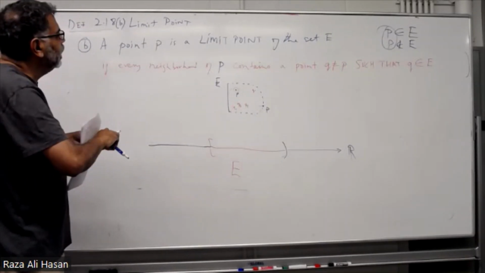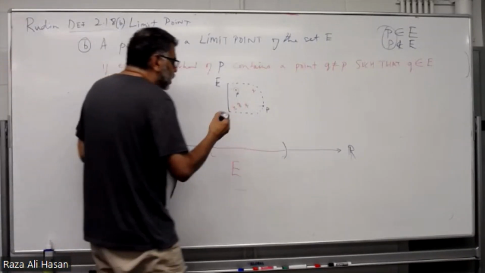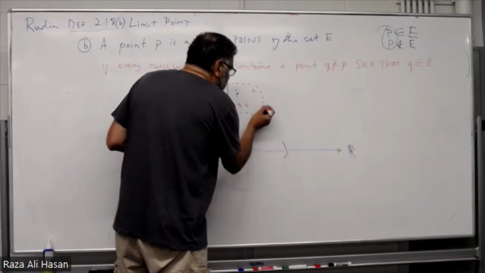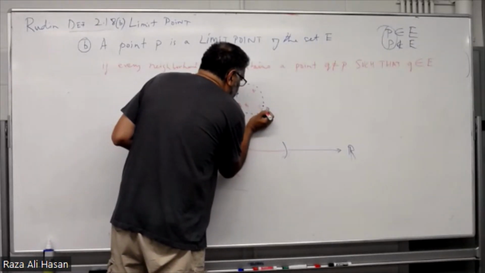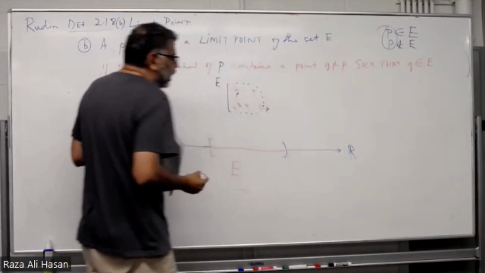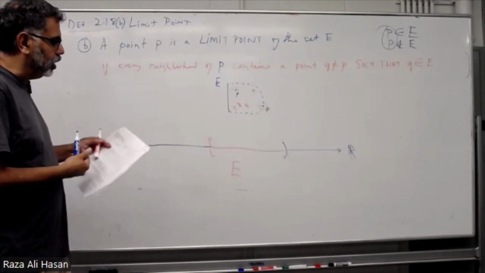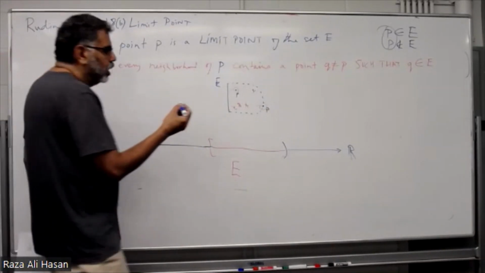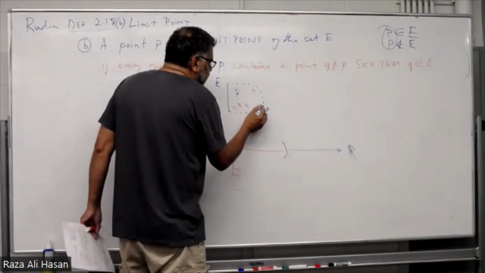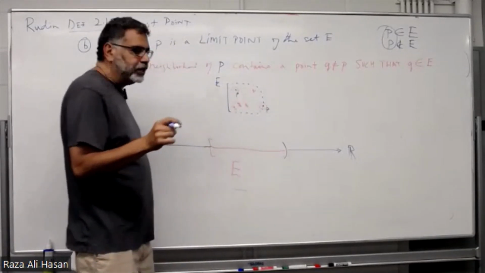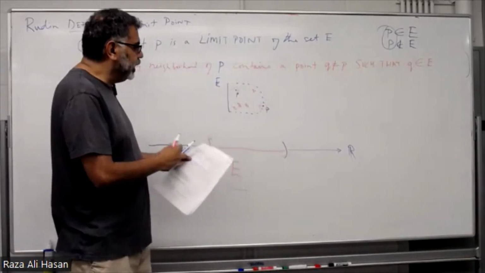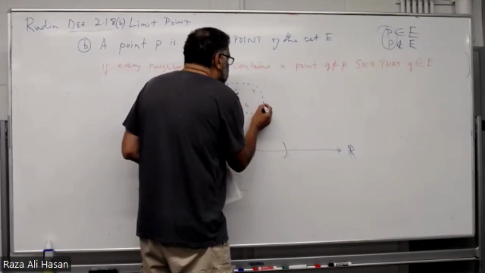Is this a limit point? Yes, because if I drew a circle around it, a neighborhood or a ball, the other term for neighborhood is ball, it doesn't matter how big or small the radius is, it will contain Q's in it.